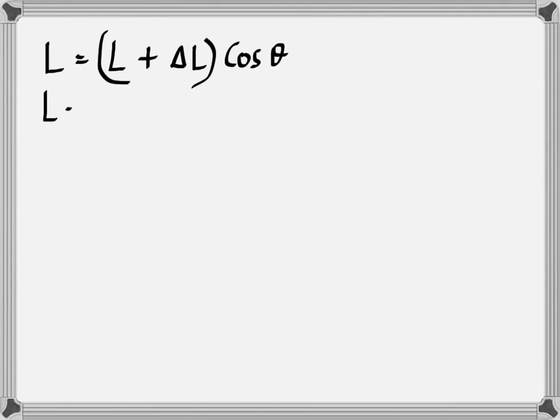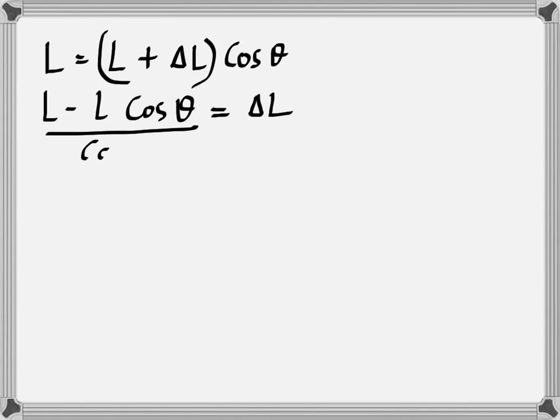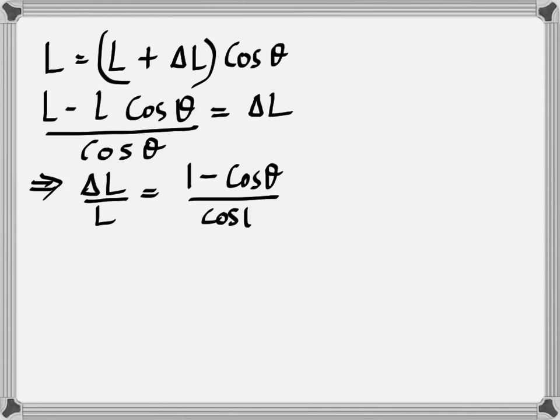So on the other side, this is what we wrote just now. Distribute and get this ratio as 1 minus cos theta by cos theta, if you watch carefully. Substitute the value of theta which is given and get the ratio.